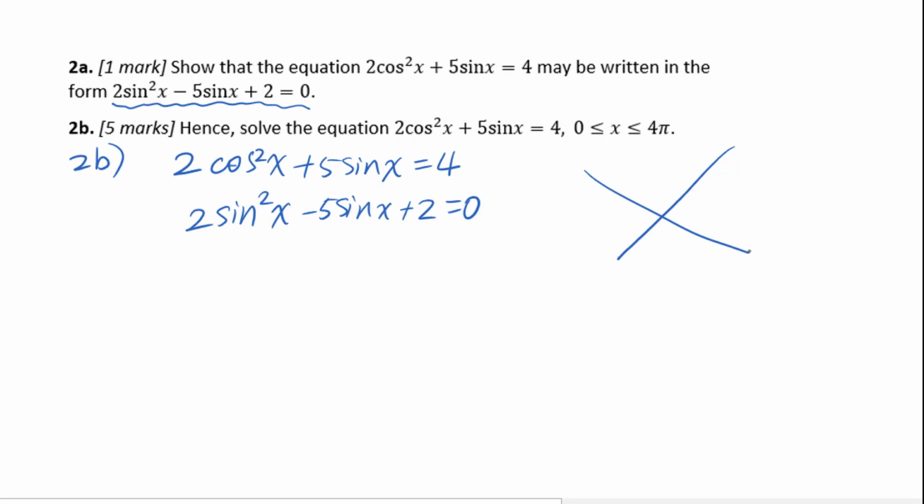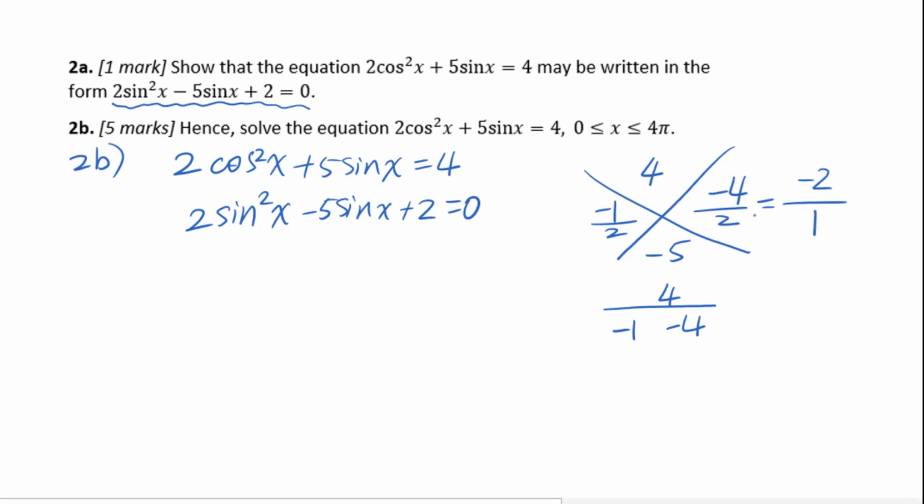For this, we have 2, negative 5, 2. For this 4, the factor pair is 1, 4. Adding is 5, but we need negative 5, so we change the sign. Negative 1, negative 4 will be the factor pair. Then reduce, you will get negative 2, 1.